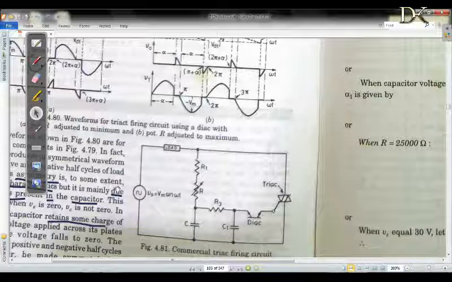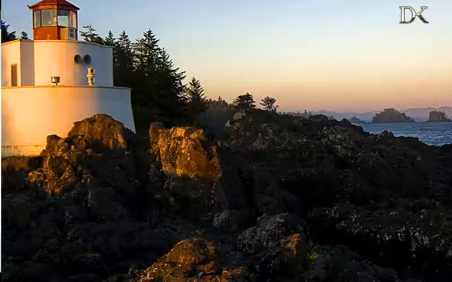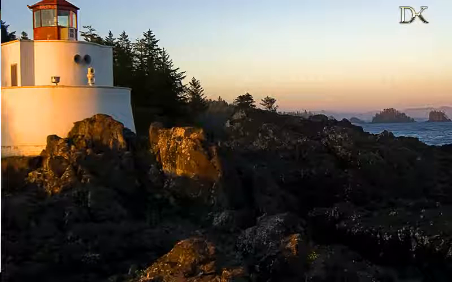The circuit is commonly used for controlling the power in lamp dimmers, heat controllers, and speed control of fans, and for inductive loads, a snubber circuit must be used across the triac.